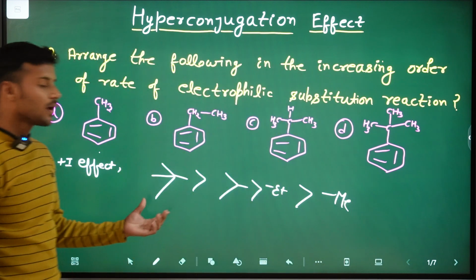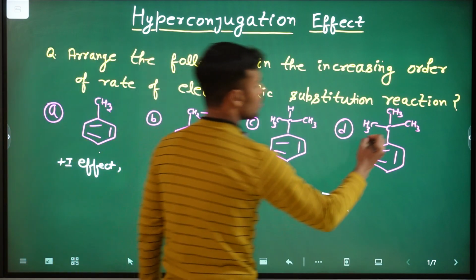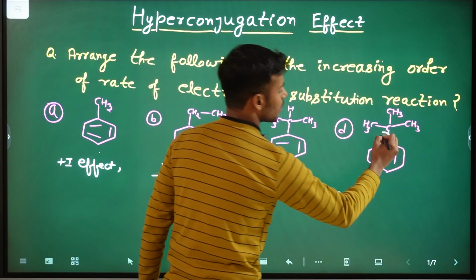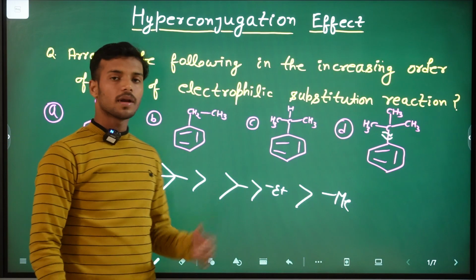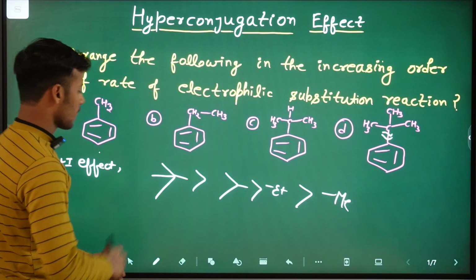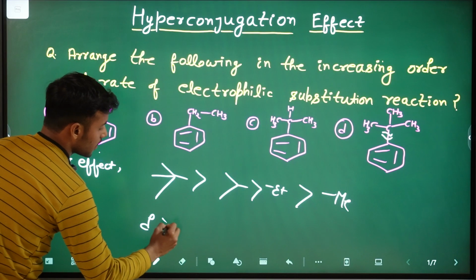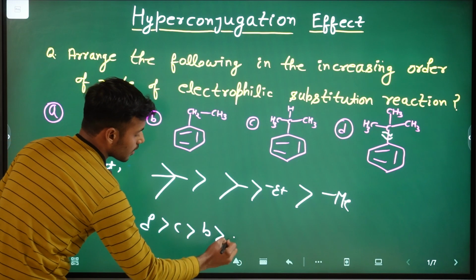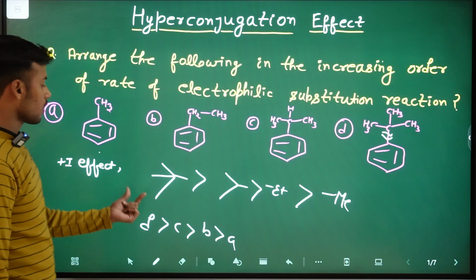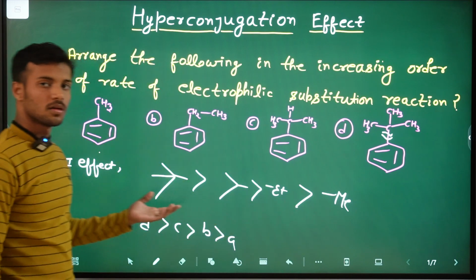So the T-butyl group has the highest plus I effect, so it will push more electron density into the ring. So the order of electrophilic substitution reaction is D, then C, then B, then A, because the order of plus I effect is like this.